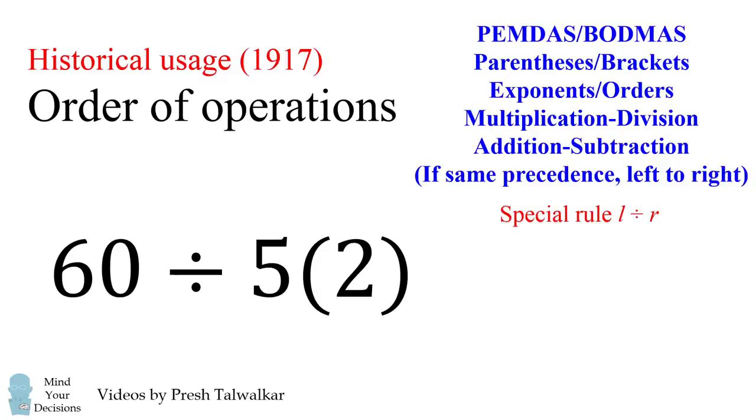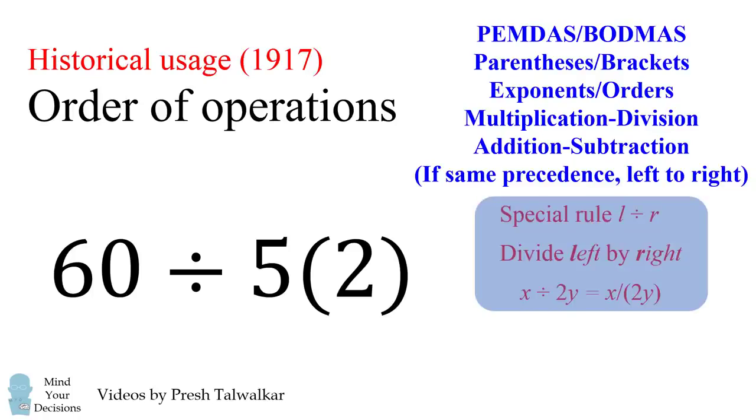The special rule about this division symbol is that you would evaluate everything on the left and divide it by everything on the right. So if you have x divided by 2y, that would be equal to x divided by parentheses 2 times y. So if we use this special rule, we would then need to take 60 and divide it by 5 times 2.